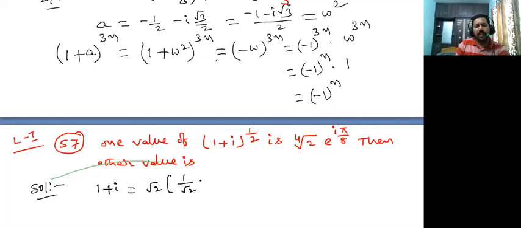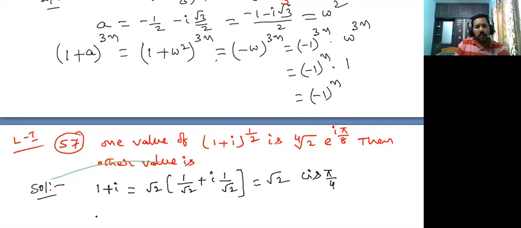This is one of the methods. Or you can find the r value and theta value, that is another method. So this is root 2 into cis pi by 4, or cos pi by 4 plus i sin pi by 4. I have written it directly.